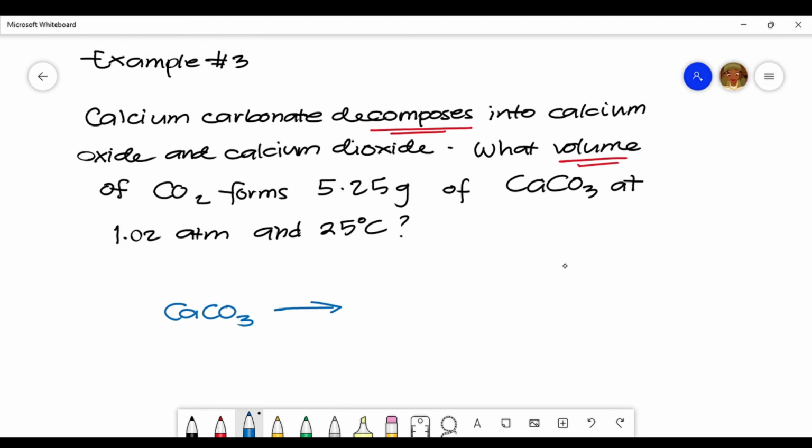So we have calcium oxide, and this is actually carbon dioxide. Okay? It's carbon dioxide. This is not, sorry, it's 12:32 a.m. This is carbon dioxide.